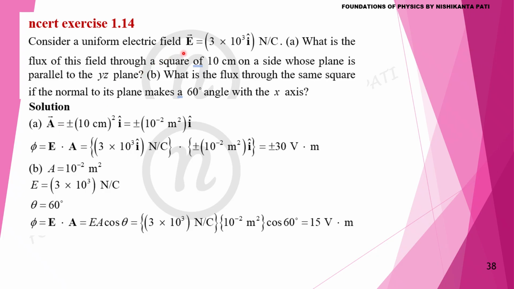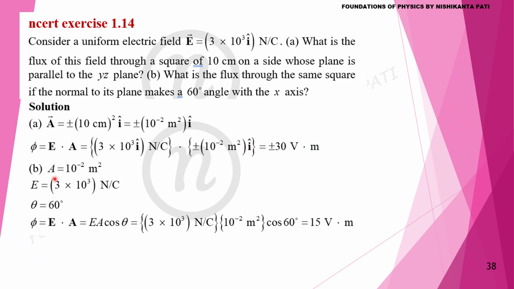So the first question says the area vector is 10 centimeter square, plus or minus i cap, because the area vector can be along the positive x-axis or along the negative x-axis. Flux is E vector dot area vector; E vector is given, area vector is given, so we get the answer.